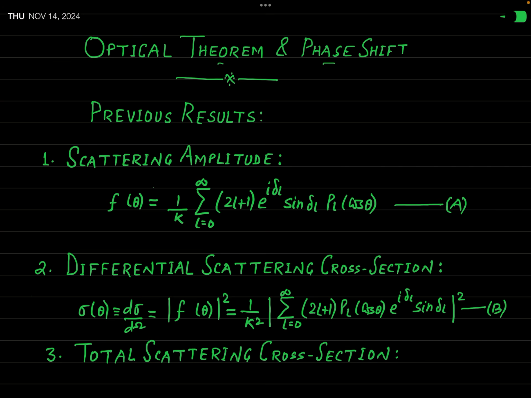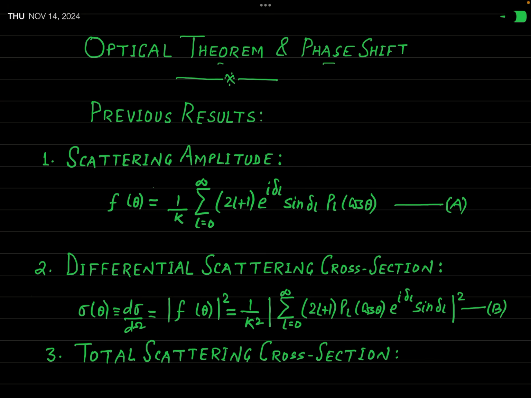But to know about the optical theorem and phase shift, we will need the important results which we have discussed in our previous lectures. So before going further, I have mentioned here three important results which we have learnt in the basic theory of the method of partial waves.